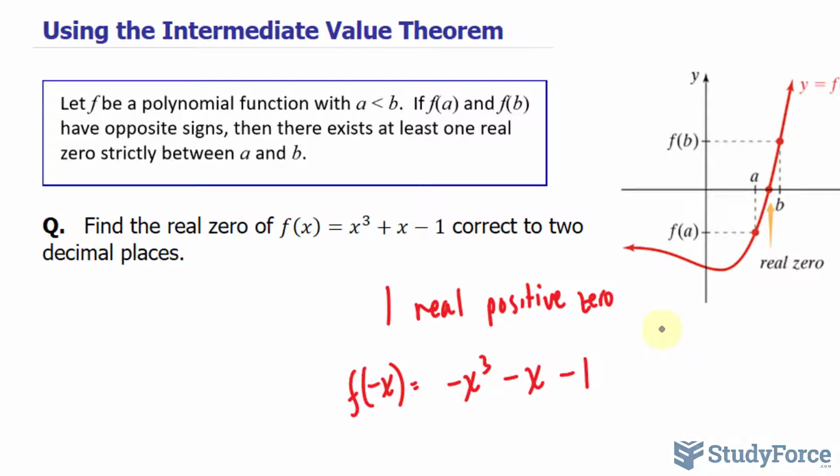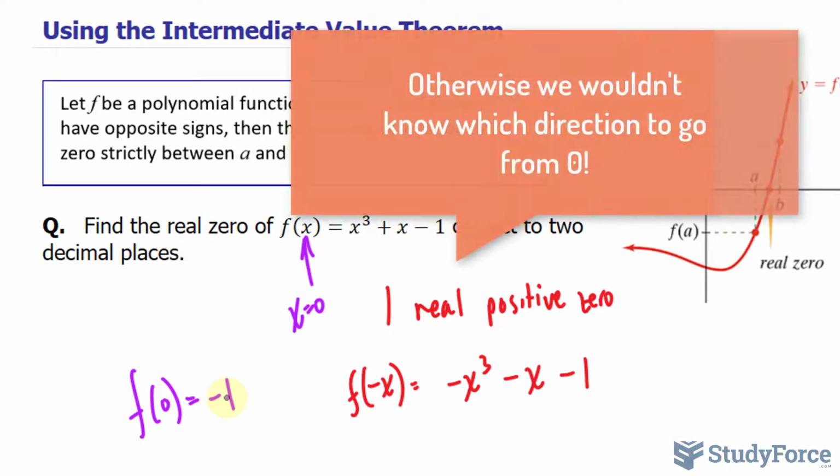If I substitute 0 into x, where x is equal to 0, I end up with negative 1. So f at 0 is equal to negative 1. Now, given what I learned above about Descartes' rule of signs, I should test another number that is positive, because I'm expecting a positive zero. You see now why it was necessary to do that?